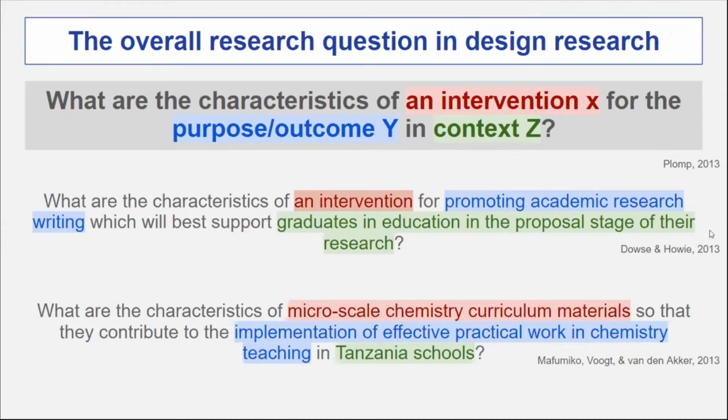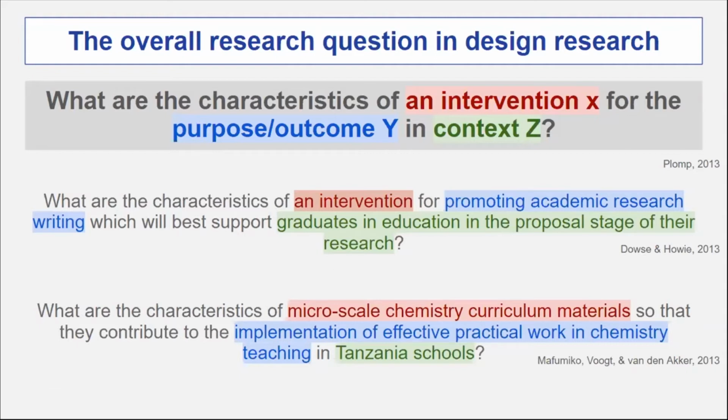And here we have two examples just to illustrate this structure. So what are the characteristics of an intervention for promoting academic research writing? So this is the purpose, which will best support graduates in education in the proposal stage of their research. So here we have the context.